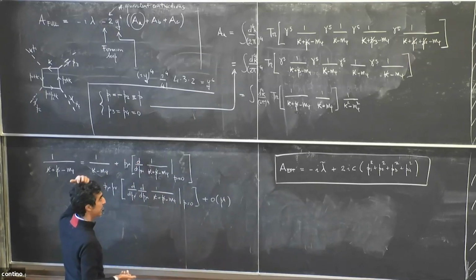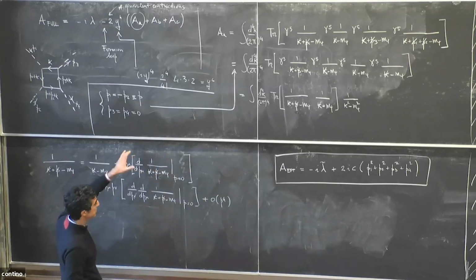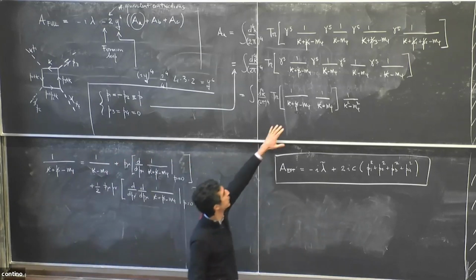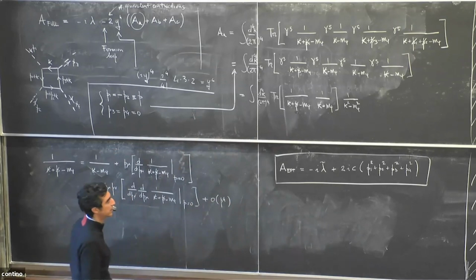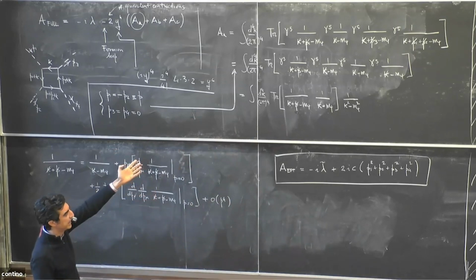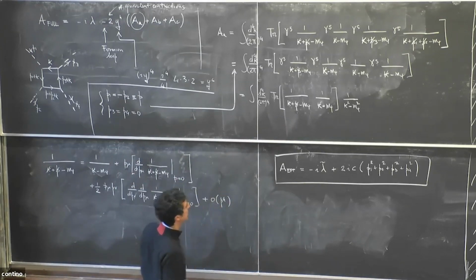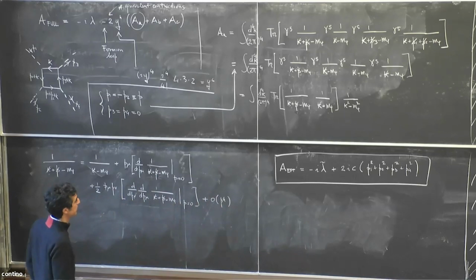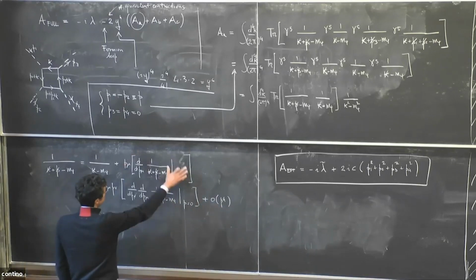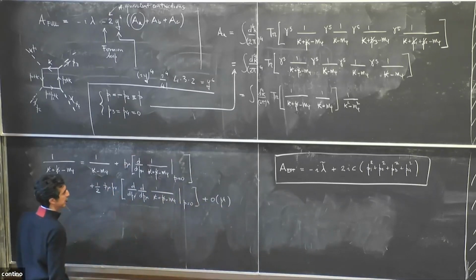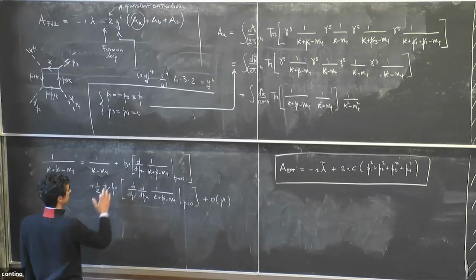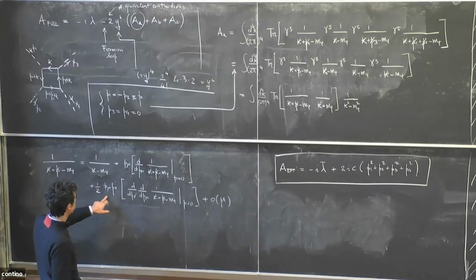So necessarily this term will give you an integral which vanishes because it is proportional to odd factors of k. So this term we can forget, it is not giving us anything interesting. Let's focus on this.